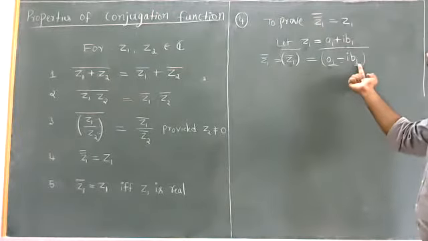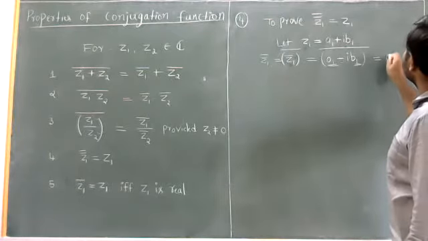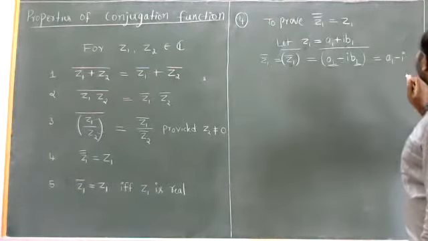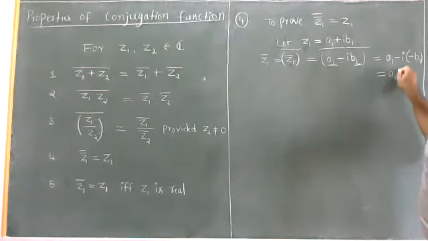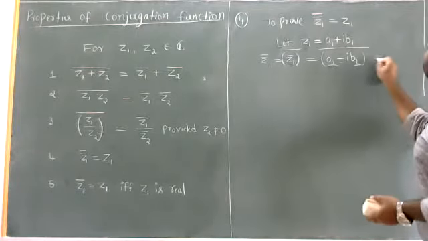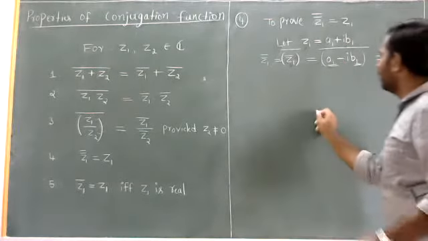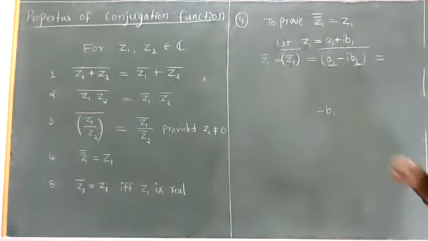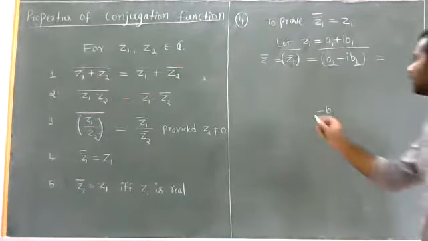So we have minus B1, replace it by B1. Or it is A1 minus i, so replace B1 by minus B1. So it is A1 plus iB1. The imaginary part is minus B1. To get the conjugate, you have to replace the imaginary part by its negation.